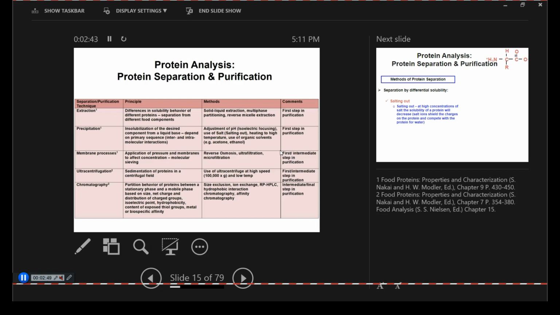So I can prepare a solution of salt and put my flour in it. And that salt will help the protein go into solution, into the aqueous phase, basically. Then what will precipitate if I centrifuge would be the starch and the dietary fiber.